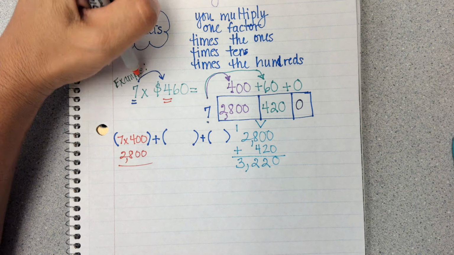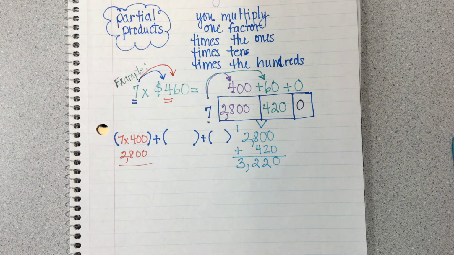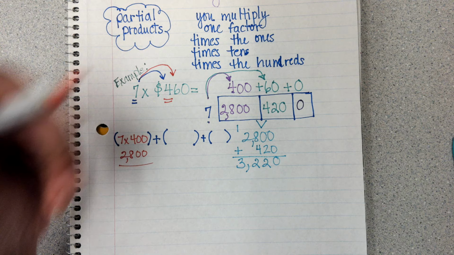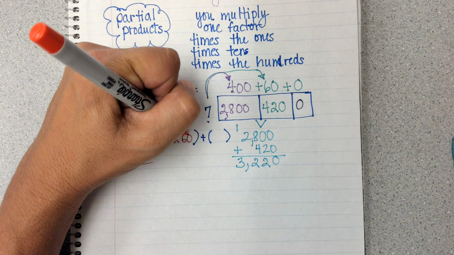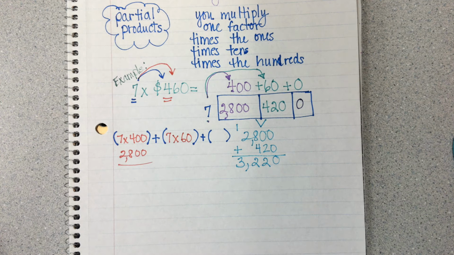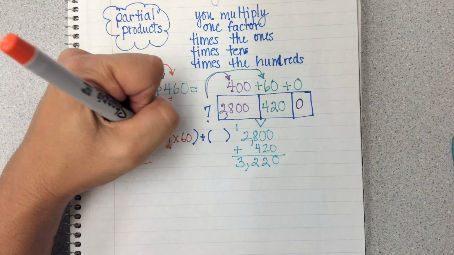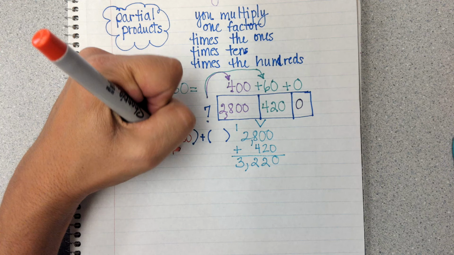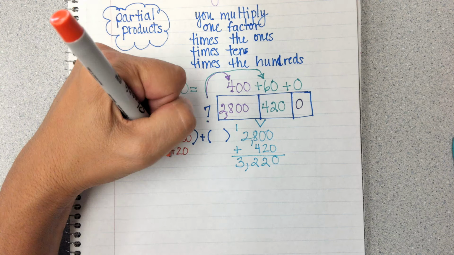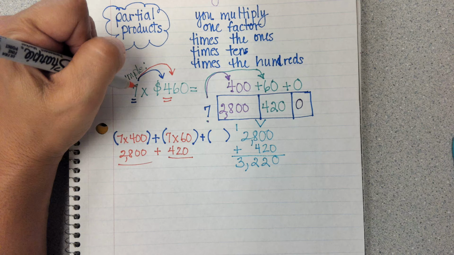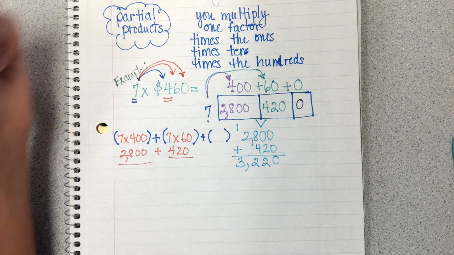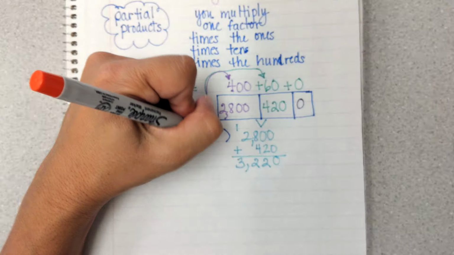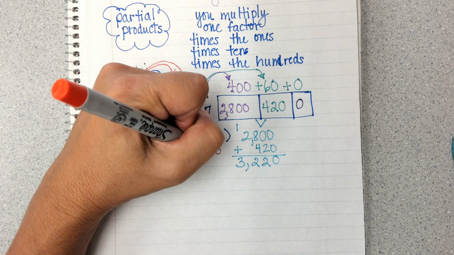Then you're going to multiply 7 times 60. And you write your 7 times 60. Plus 420. And I'm just going to write this so you get used to the distributive property. And we have 7 times 0, which is 0.